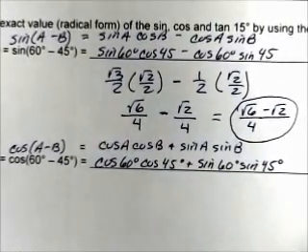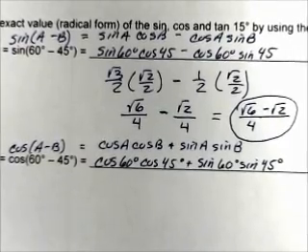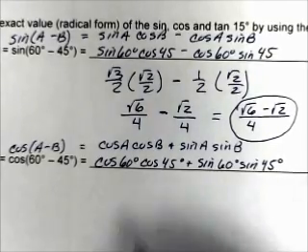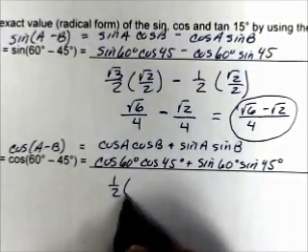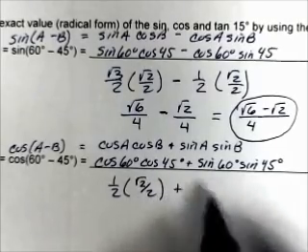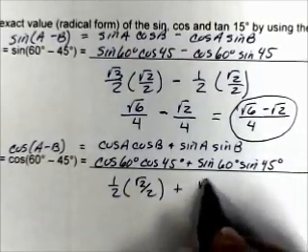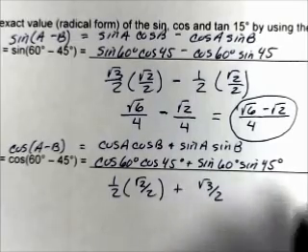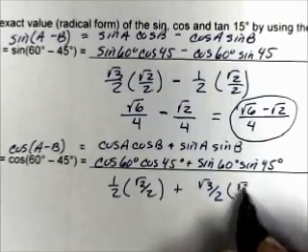Looking at the trick table in your upper right-hand corner that you have copied down, cosine of 60 is 1/2. The cosine of 45 is the square root of 2 over 2. The sine of 60 is square root of 3 over 2. And the sine of 45 is the square root of 2 over 2.